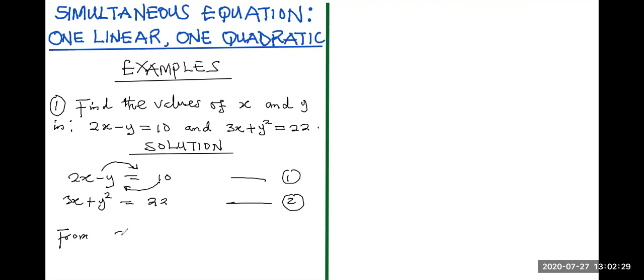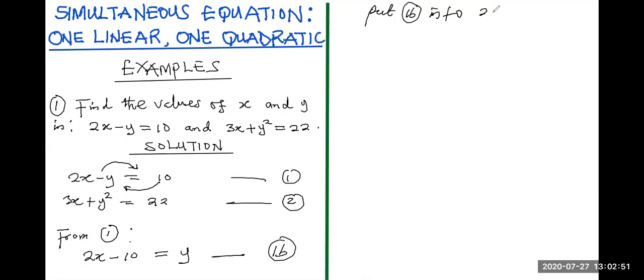So from equation 1, what do I have? I have 2x minus 10 is equal to y, and I call this equation 1b, since it is modified. So what do I do now? I put 1b into equation 2.